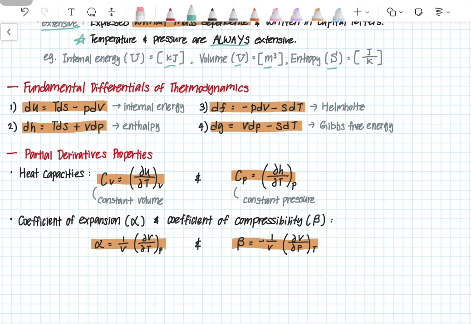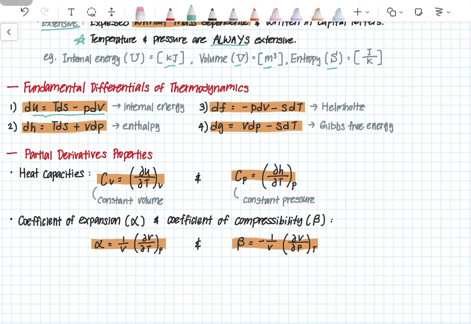And now we're going to talk about the fundamental differentials of thermodynamics. These are very important in later chapters, and I will talk about them more when we get to, I think, chapter 5. So the first differential equation you need to know is the one for internal energy. dU is TdS minus PdV.